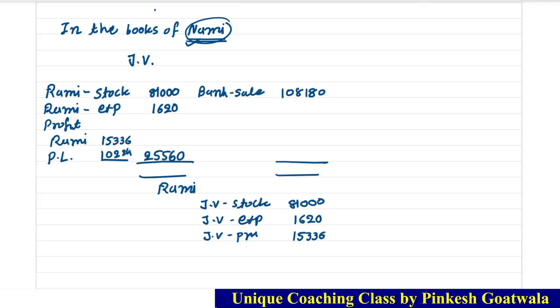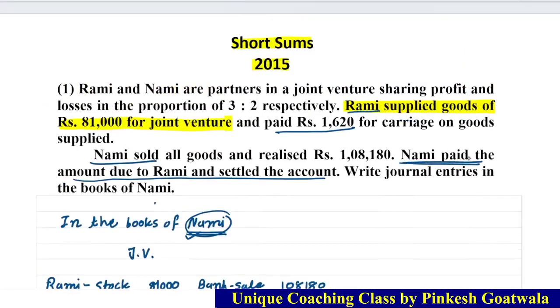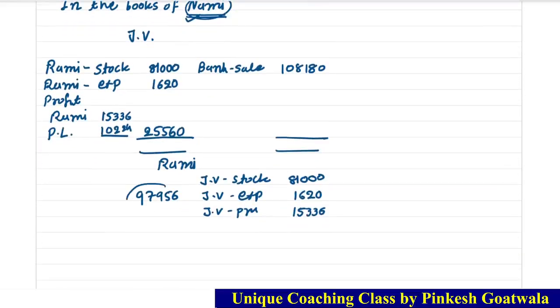That is the entry we will give for Rami. So if you close the account, the difference here is 97,956. It is the closing balance, and in the question they told that Nami paid the amount due to Rami and settled the account. This is the due amount, and it has been paid.